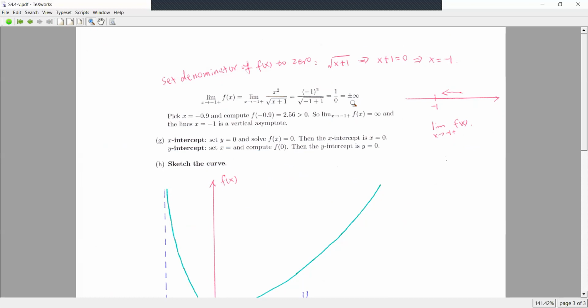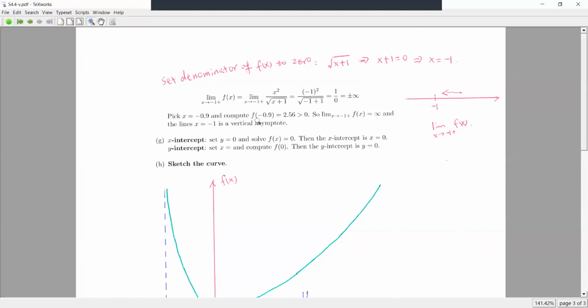To determine the sign of this infinity, I pick a point very close to -1 on the right side. So I choose -0.9.